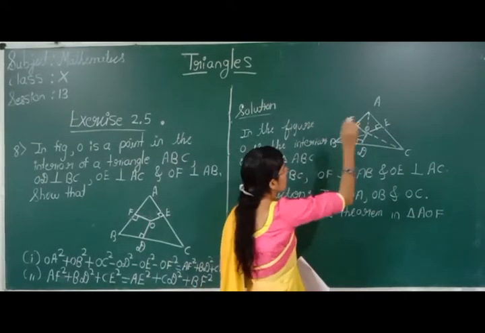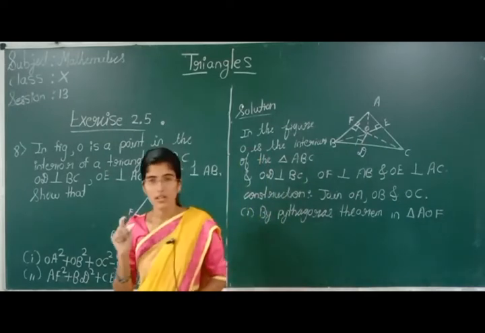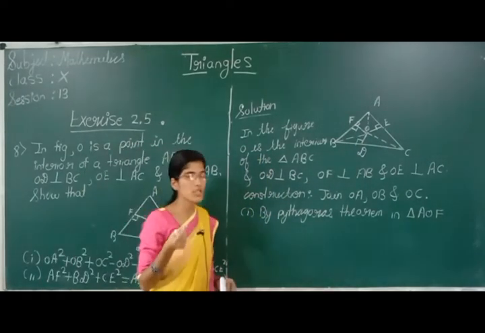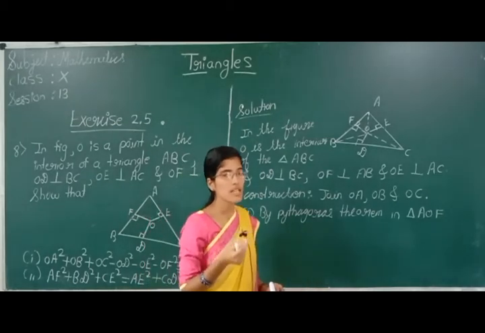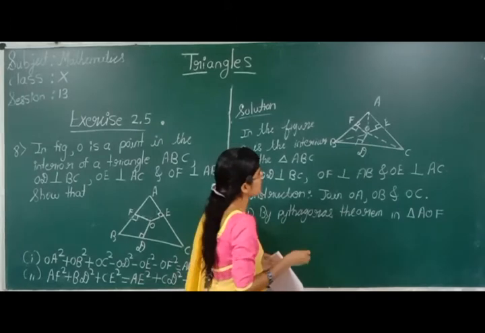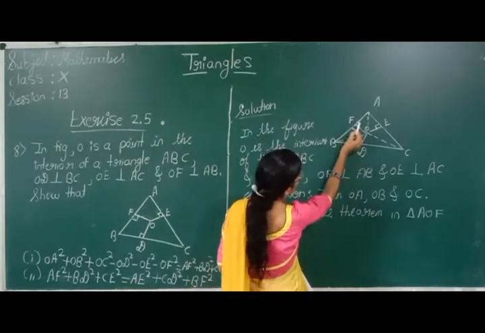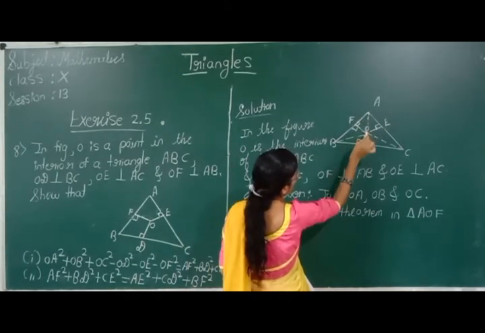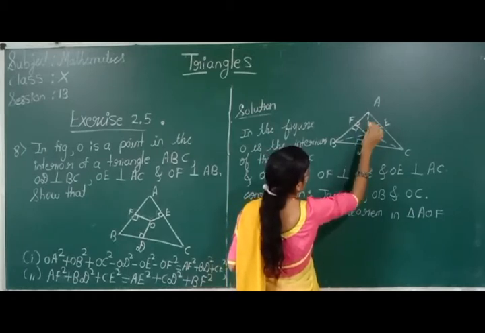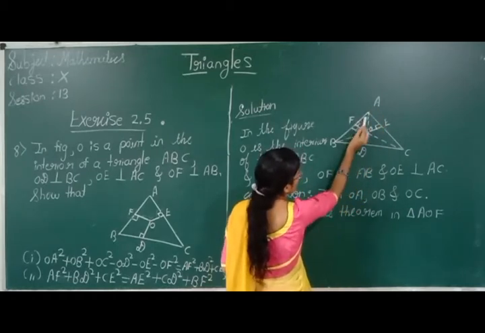If a triangle is right angled, then the square on the hypotenuse is equal to the sum of the squares of the remaining two sides. Now see here in triangle AOF, where is 90 degree?